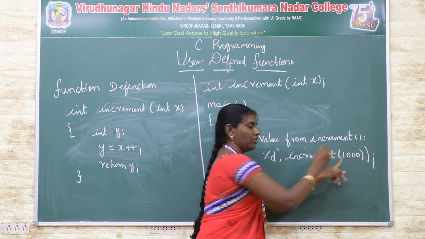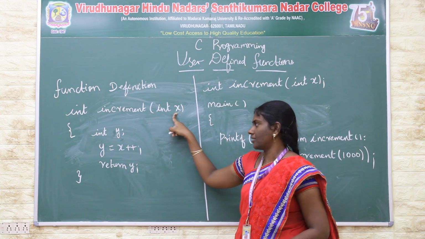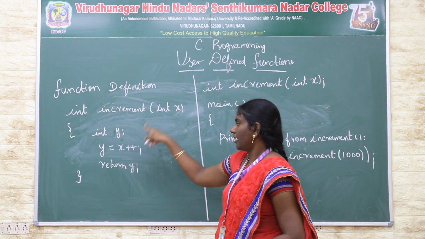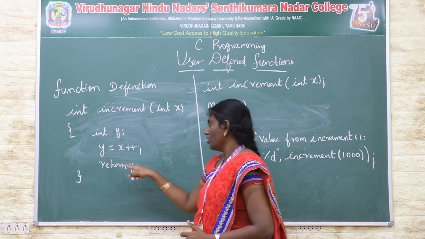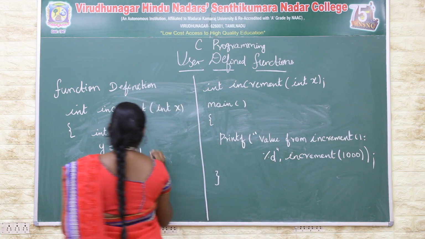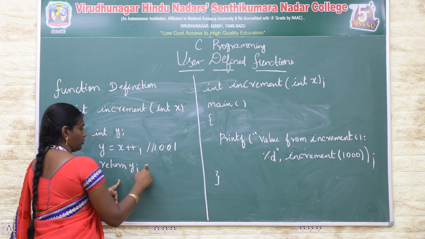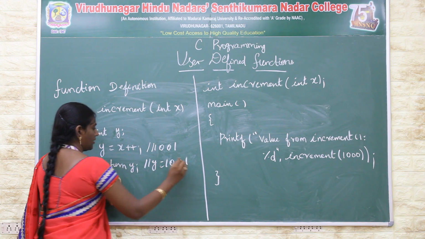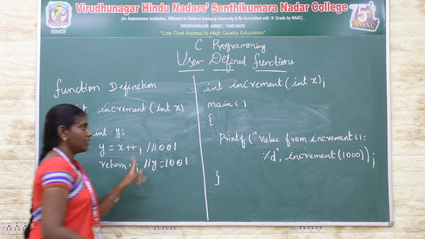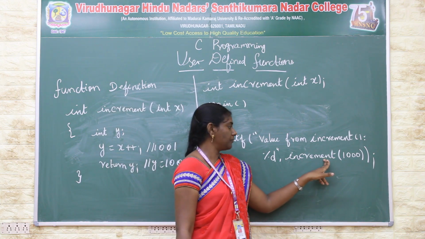This 1000 value is stored in the integer x, and then x is incremented inside this increment function. Now the y value, that is 1000, is incremented to 1001. So y has the value 1001. This y value is sent to the main function and it is printed in this line.